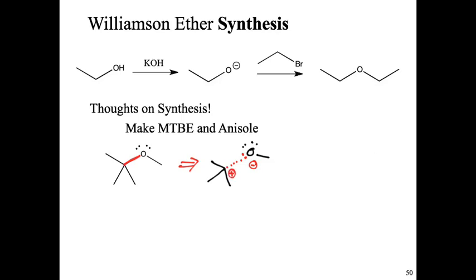other end. So when we look at a synthesis and we're told make this compound, we need to look at that structure and we need to find the easiest places to break it. Where are the easiest places to break? Right there. In general, the more polar bonds.